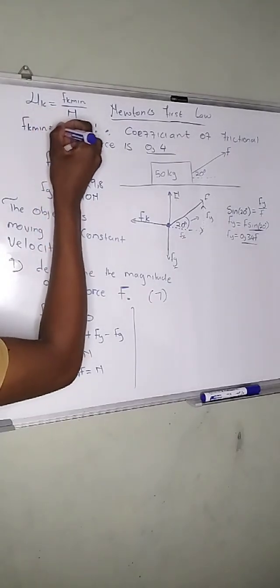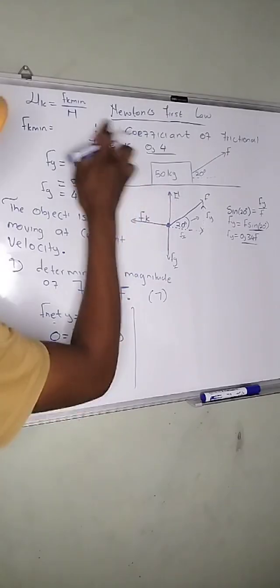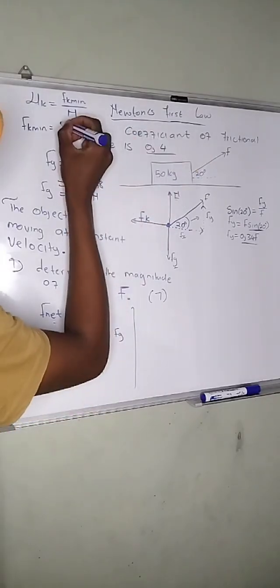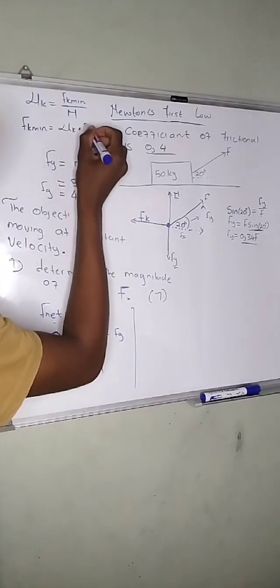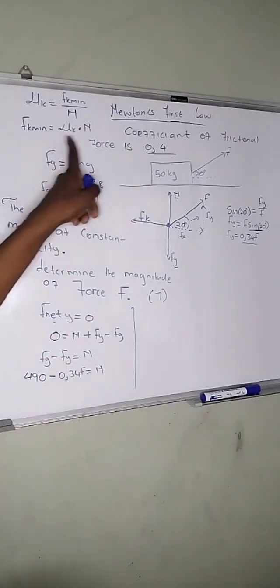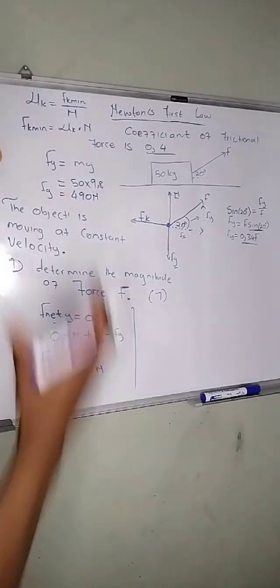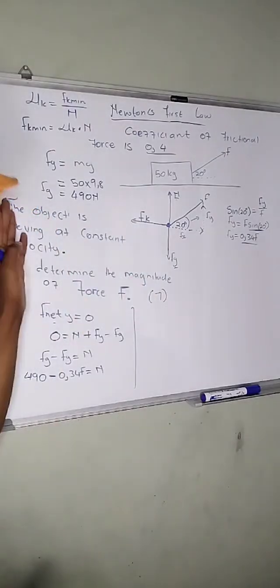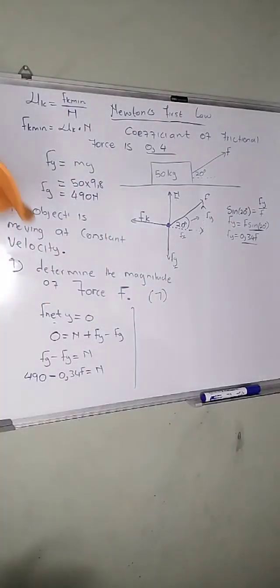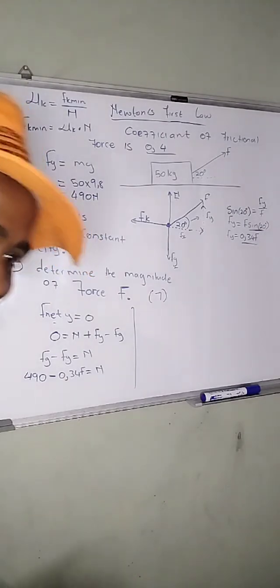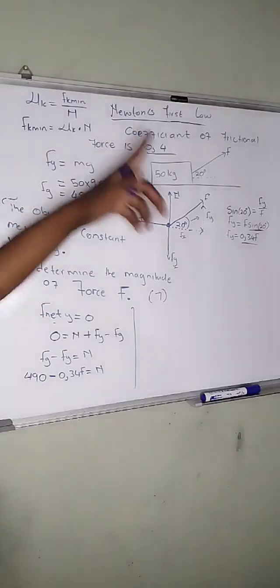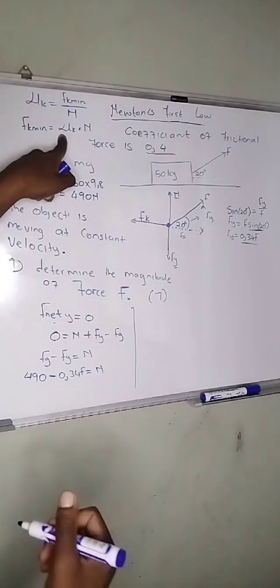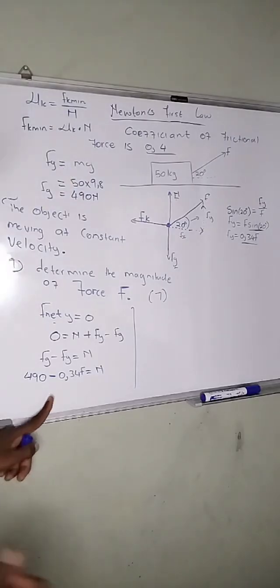Fk minimum is going to be the coefficient multiplied by the normal. This is the standard formula for calculating the frictional force, so I'm going to use this formula to determine the frictional force.